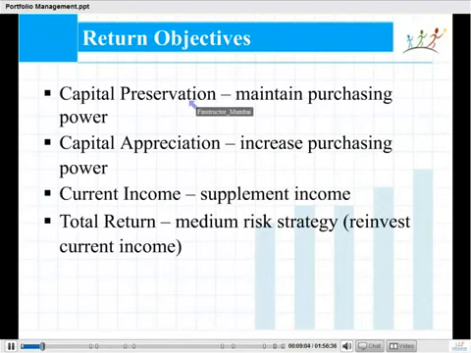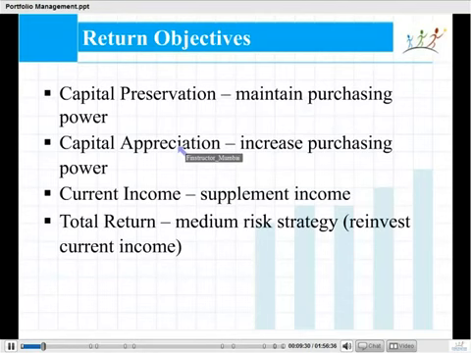So capital preservation is a less risky strategy. It means I only want to beat inflation, I don't want any excessive growth. Normally for old investors and for investors who do not have significant capital commitments in the future, a capital preservation strategy is preferred.